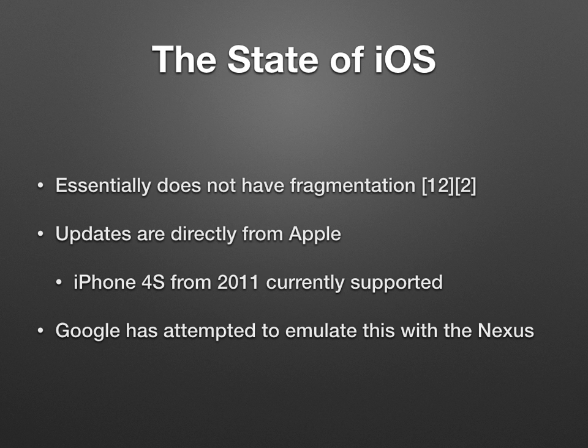There are some people who don't update, but by far most do, and at least it's a choice, it's available. Even as far back as the iPhone 4S, that's half a decade ago, it's currently, as of this moment, still supported. Now, Google has attempted to emulate this with the Nexus, and we're going to explore a little more about that later.